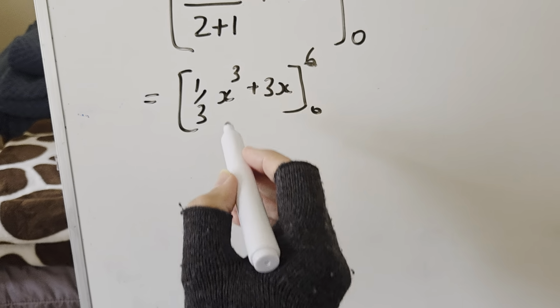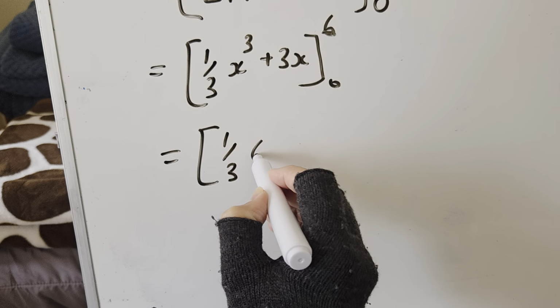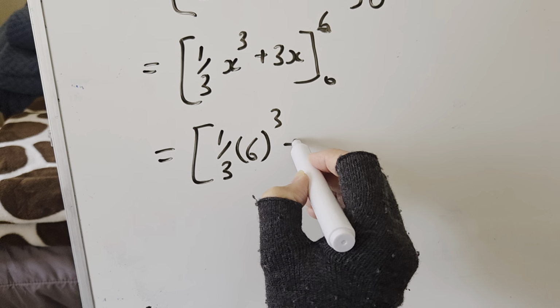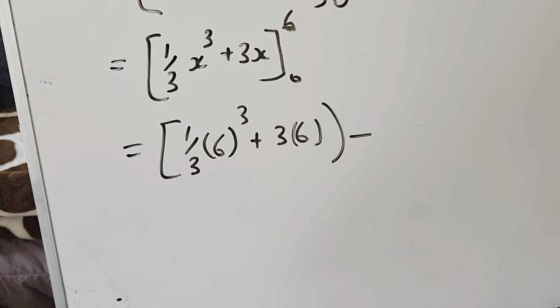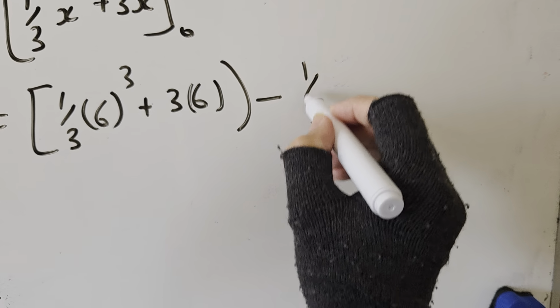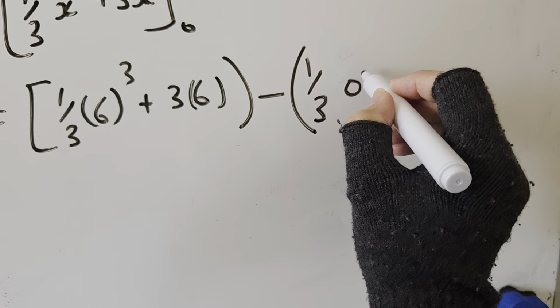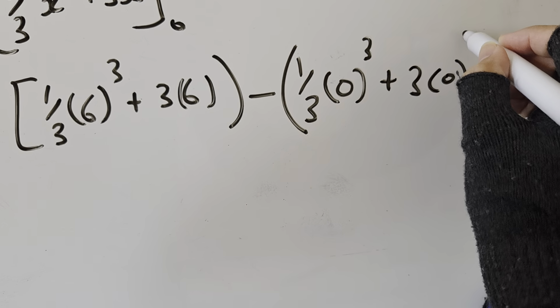Let's substitute 6 into the equation. So that will be equal to 1/3 times 6 to the power of 3 plus 3 multiplied by 6. And then minus, now you substitute 0 into the same equation. 1/3 multiplied by 0 to the power of 3 plus 3 multiplied by 0.